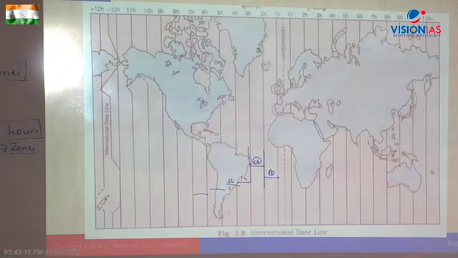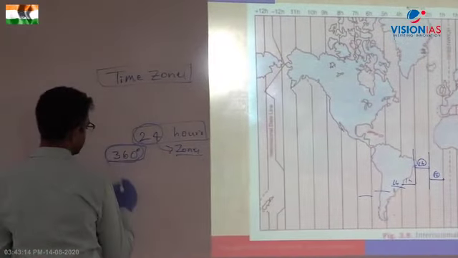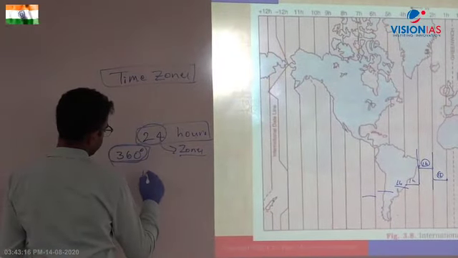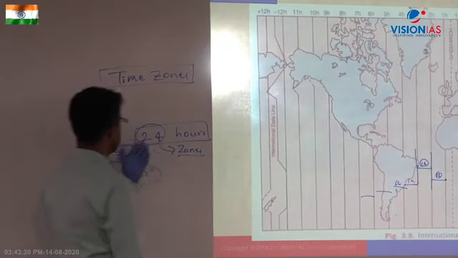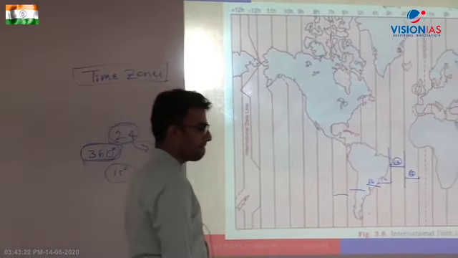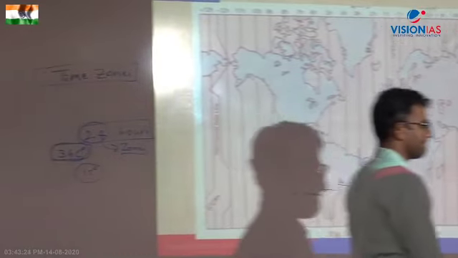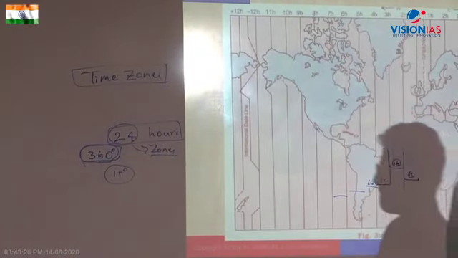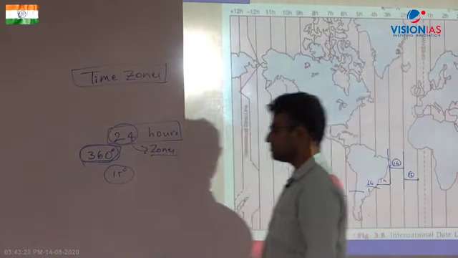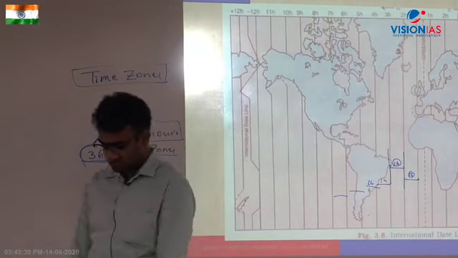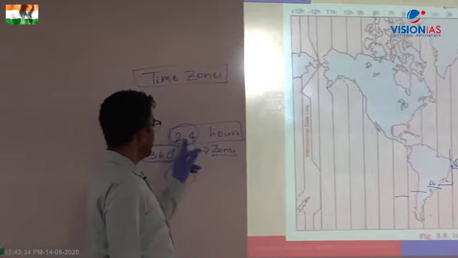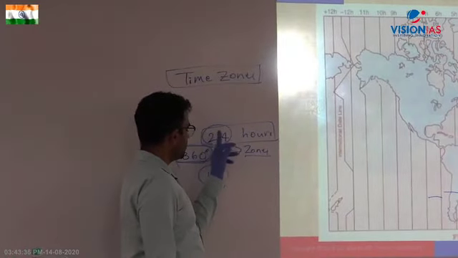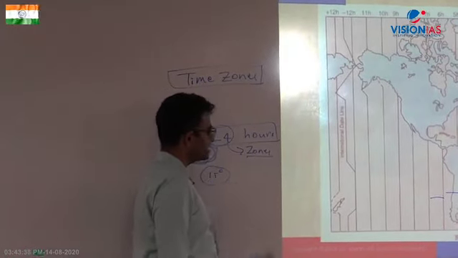So each time zone should have how much of longitude? 15 degrees of longitude. You divide 360 by 24, you will get it. Every 1 hour is separated by 15 degrees of longitude.